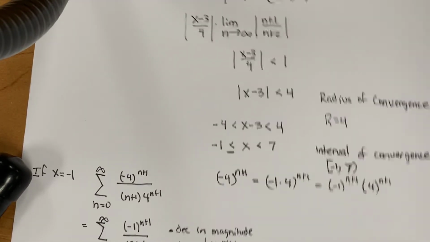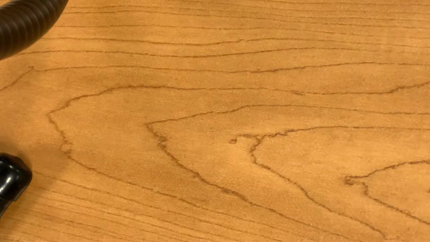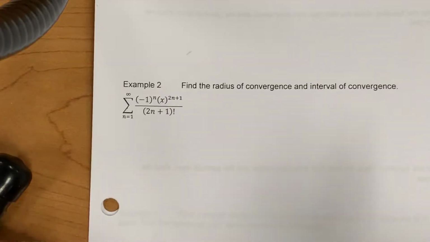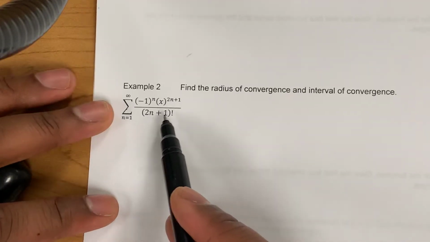So we're going to jump to example 2 in the notes, and we'll see what happens when we get to special cases of R. So we're working this problem, the sum of -1 to the n times x to the 2n plus 1 divided by 2n plus 1 factorial.